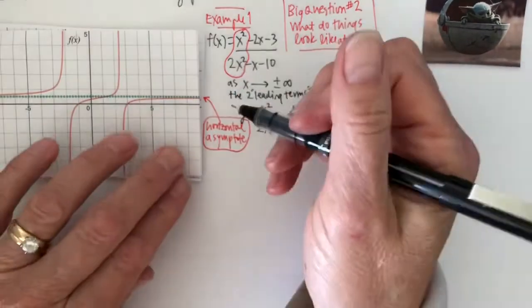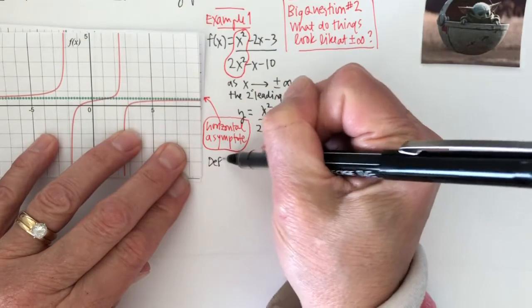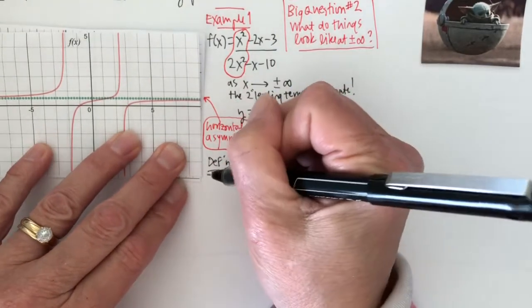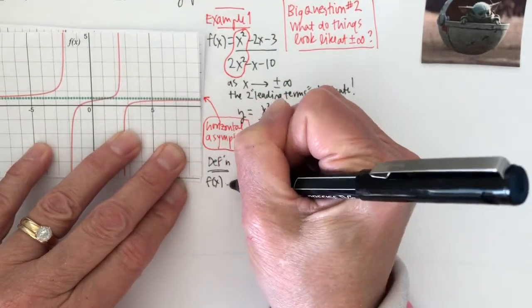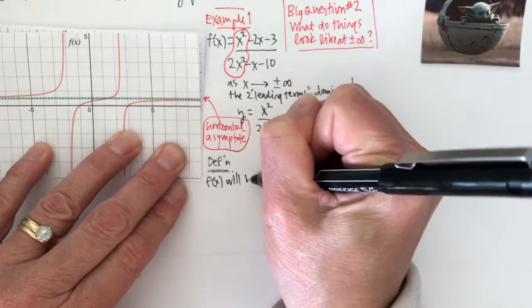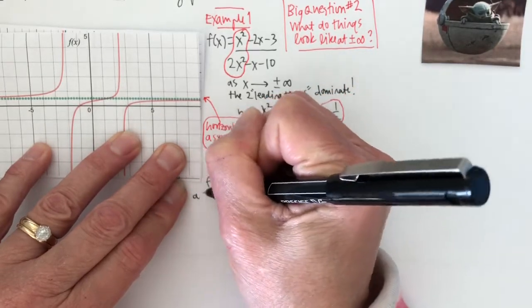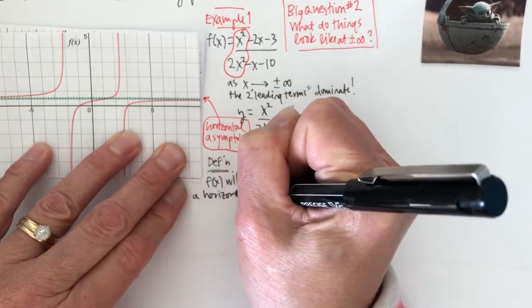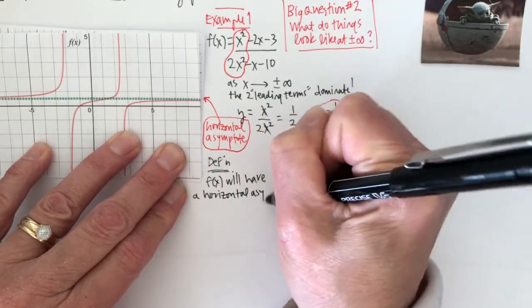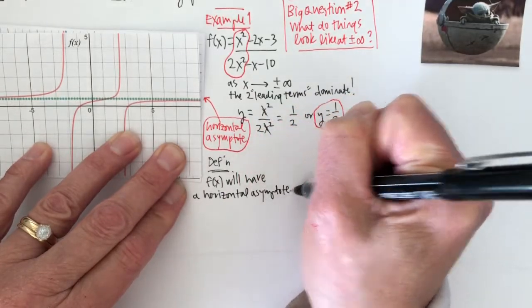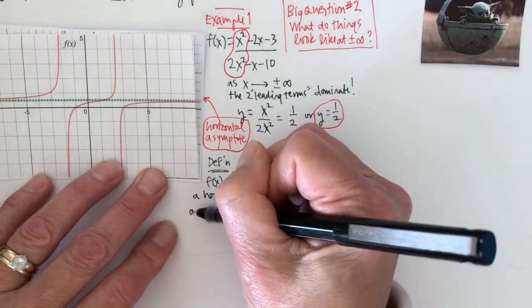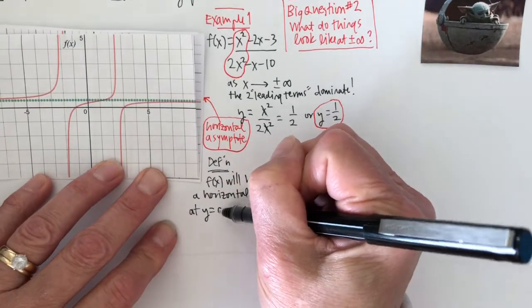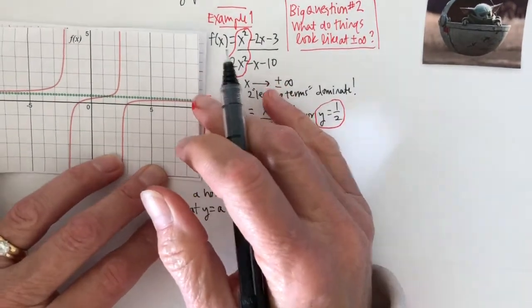And the formal definition of a horizontal asymptote is: f of x will have a horizontal asymptote at y equals a. Here it was y equals 1/2.